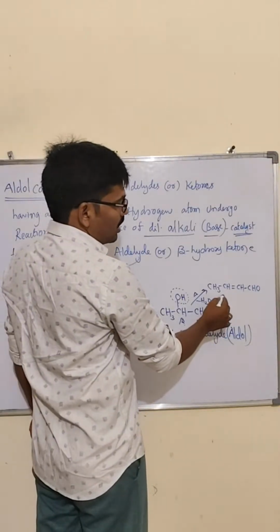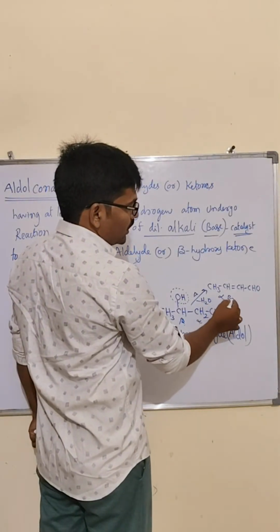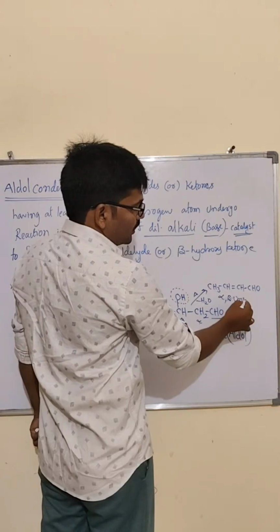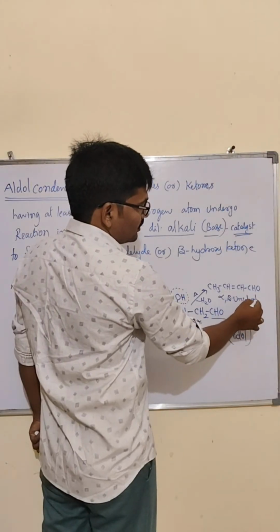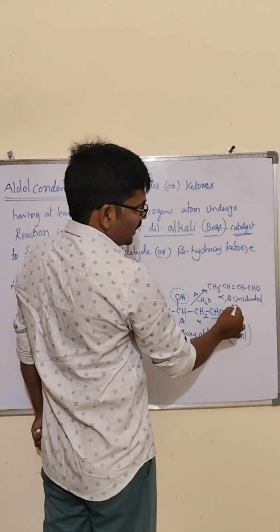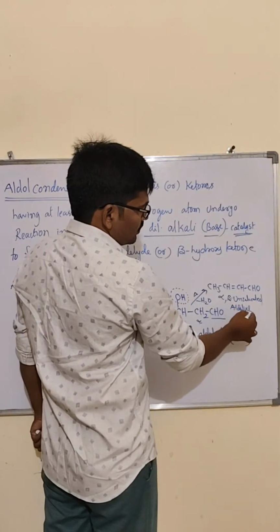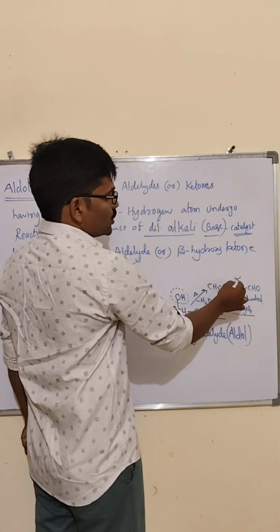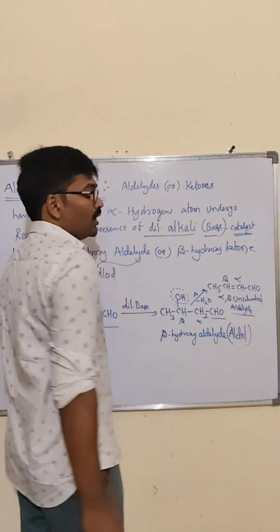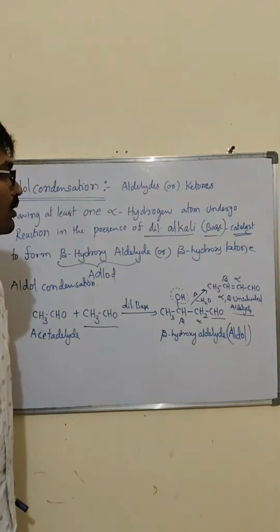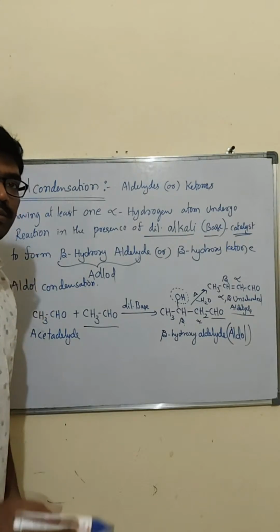This is an alpha beta unsaturated aldehyde, because there is a double bond between the alpha and beta positions.